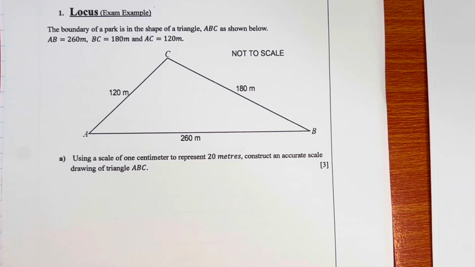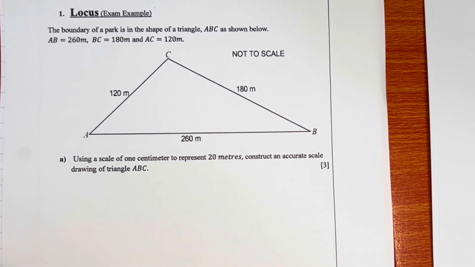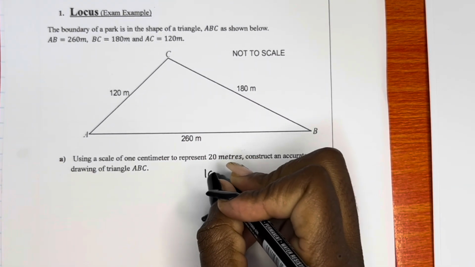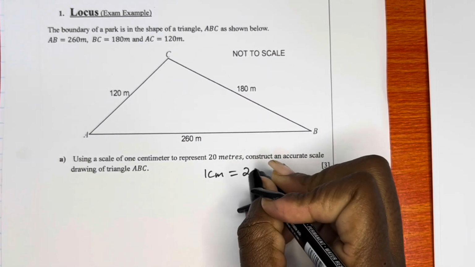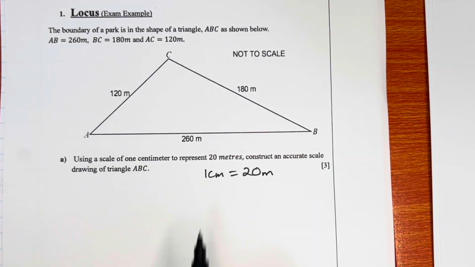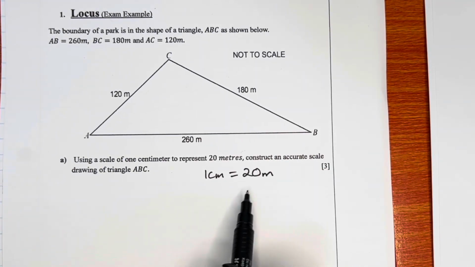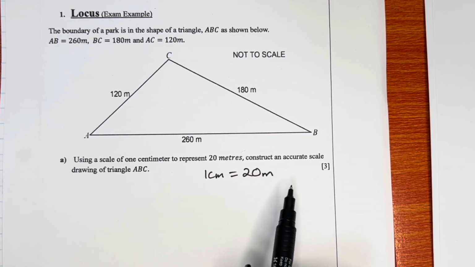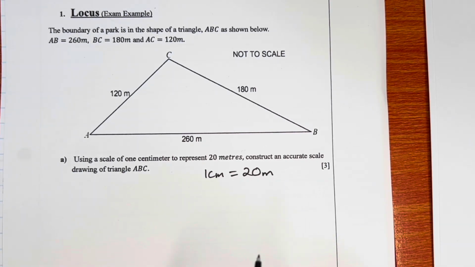In question A, we are asked, using a scale of 1 centimeter to represent 20 meters. So what does that mean? It means 1 centimeter is equal to 20 meters, meaning 1 centimeter on the map represents 20 meters in real life. Now they said, construct an accurate scale drawing of triangle ABC.